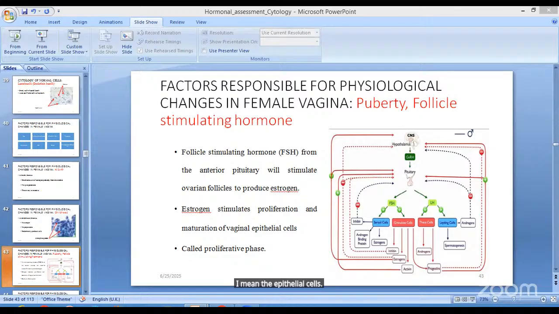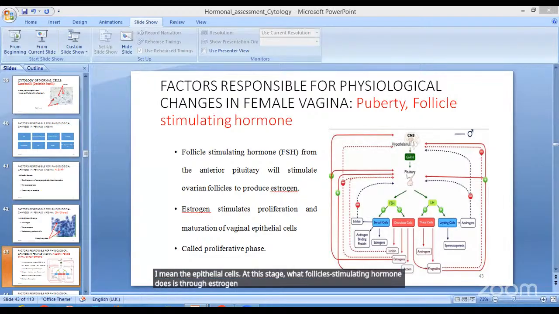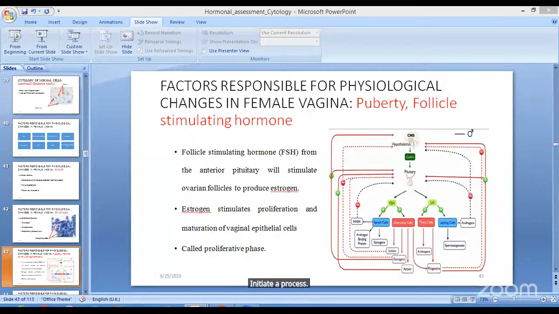At this stage, what follicle stimulating hormone does, through estrogen, is initiate a process of division and maturation. So the parabasal cell will start proliferating and growing at the same time to maturity. It will be differentiating itself into intermediate cells. Intermediate cells will grow and be stimulated to differentiate into superficial cells.